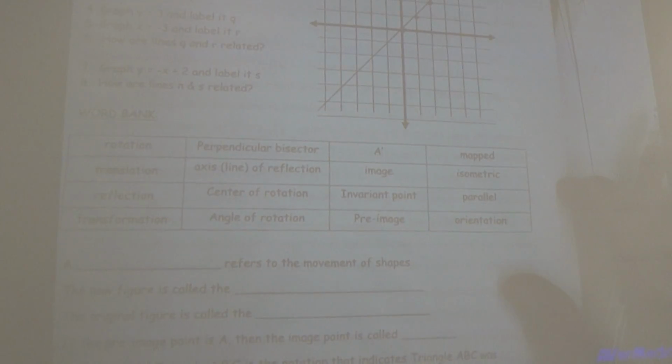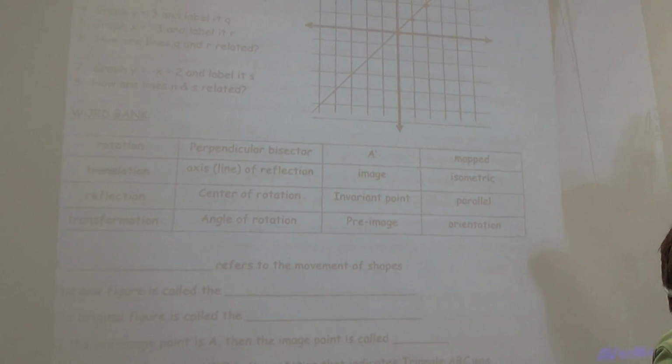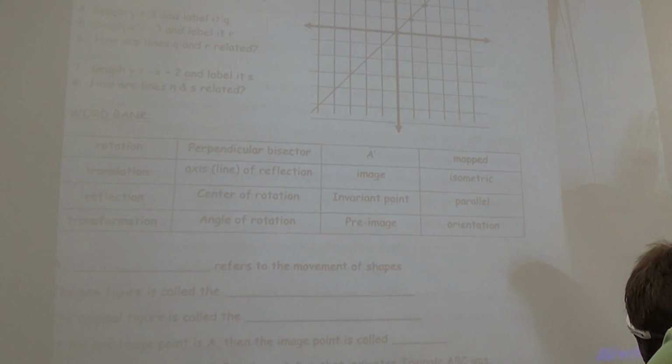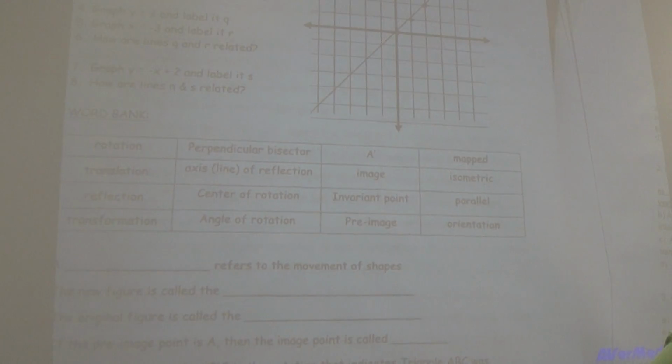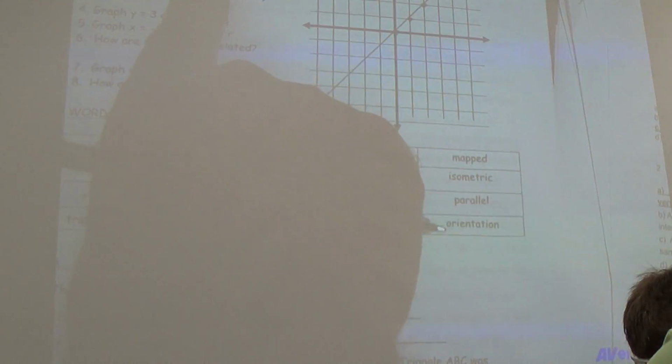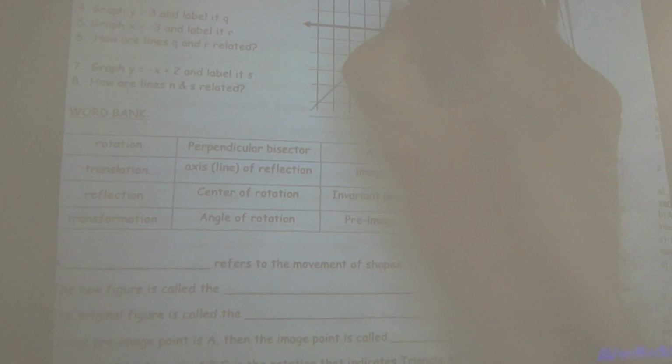Okay. Now you're going to graph the line y equals x plus 2. So again, y is going to equal whatever x is plus 2. So if we start at 0, if we say x is 0, what is y? 2. So if x is 0, y is 2.